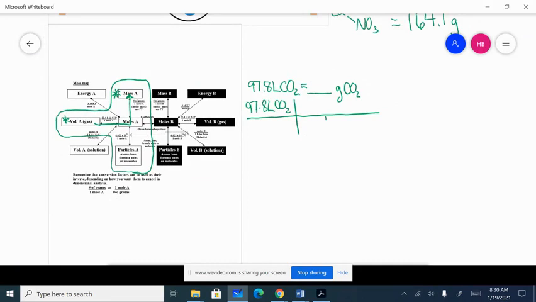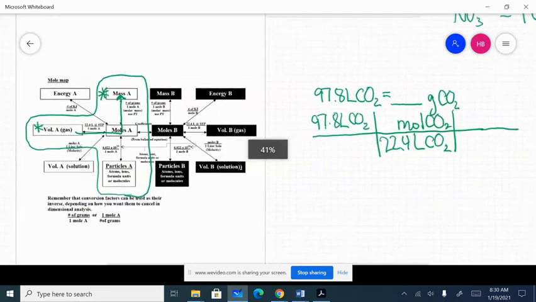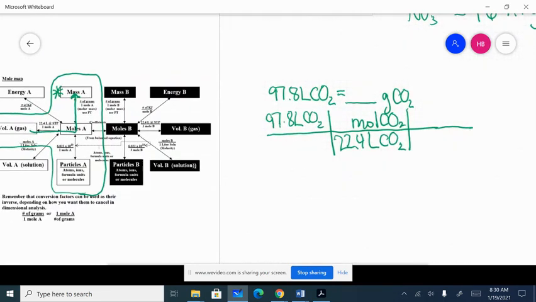In order for liters to cancel out, I need it to be on the bottom and moles to be on the top. 22.4 goes with liters. You see in the conversion factor that there's 22.4 liters in 1 mole. So 22.4 always goes with liters and 1 always goes with moles. Now I'm going to go from moles to mass. I need moles to cancel out now, so I'm going to put it down here.